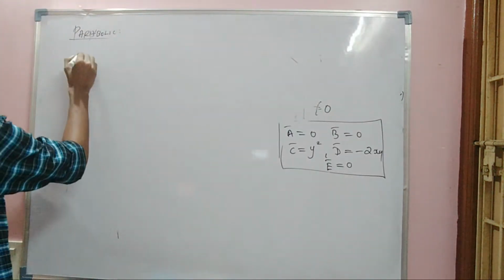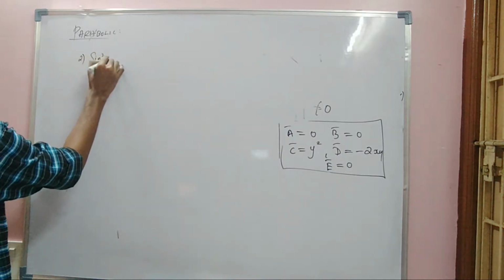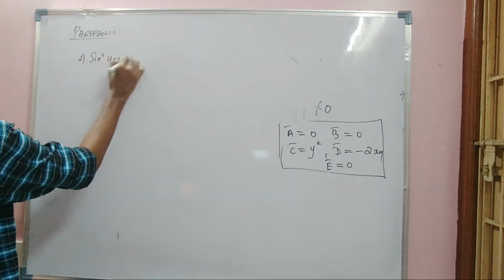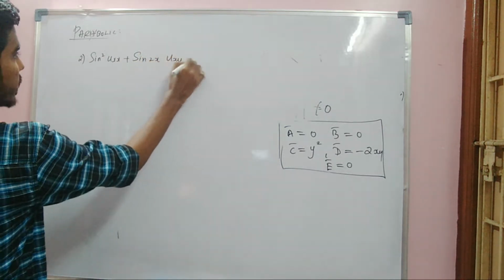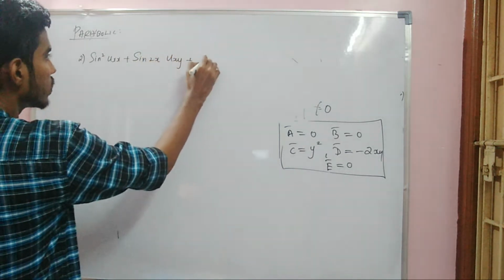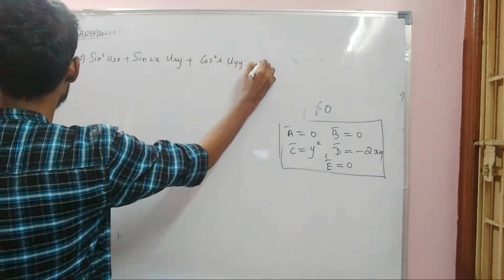So second problem in parabolic: sine square x uxx plus sine 2x uxy plus cos square x uyy equal to x.